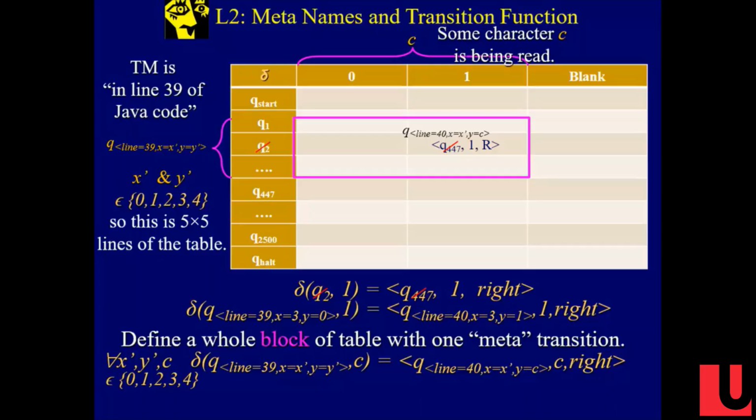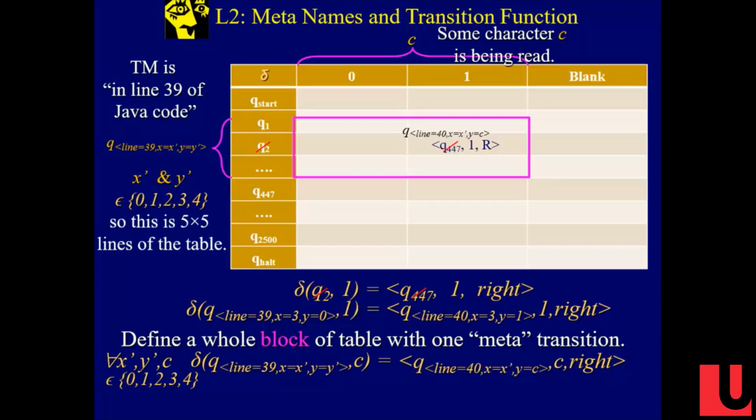All I've done now is, have I defined all of line 39? Not completely. I also have to know what would happen if this was a blank. If this was a blank, what would I do? I know these are all my states. So for all the 39 states, I know what I'm going to do if C is a 0 or 1.